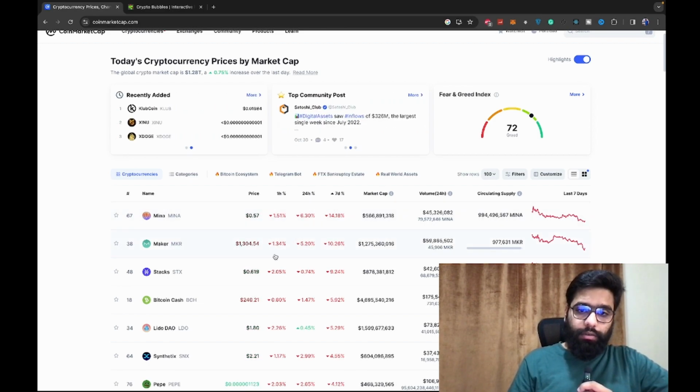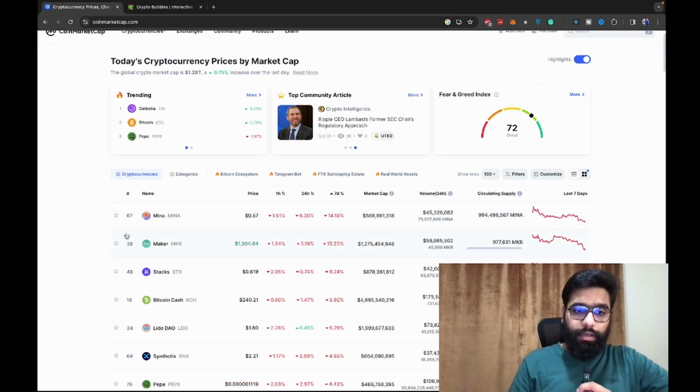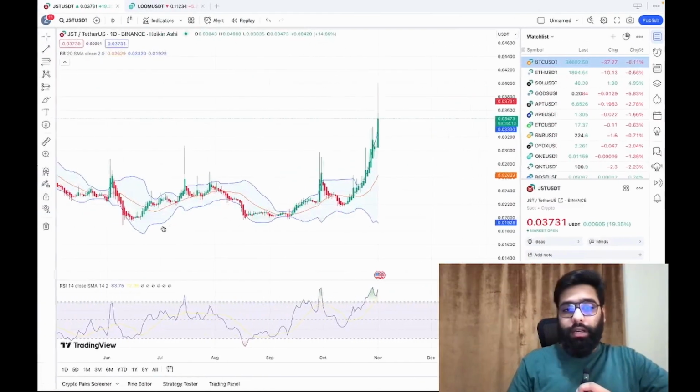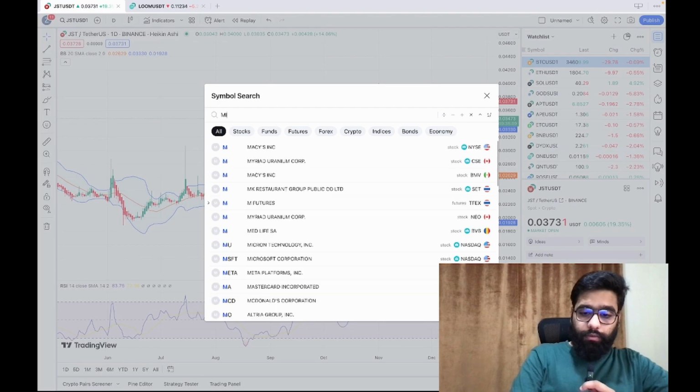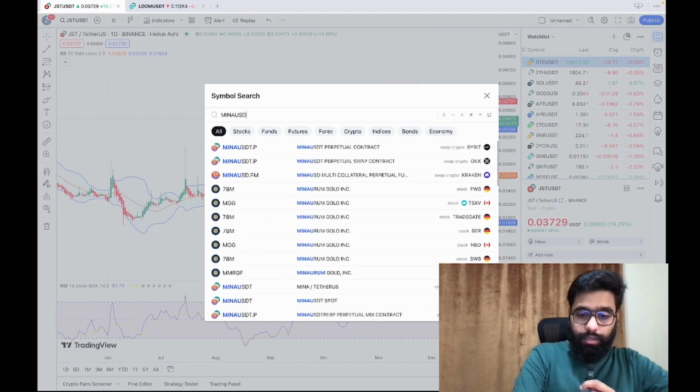After seeing these coins, let's say we have Mina over here, and then we will head to our TradingView chart and we will search Mina USDT.